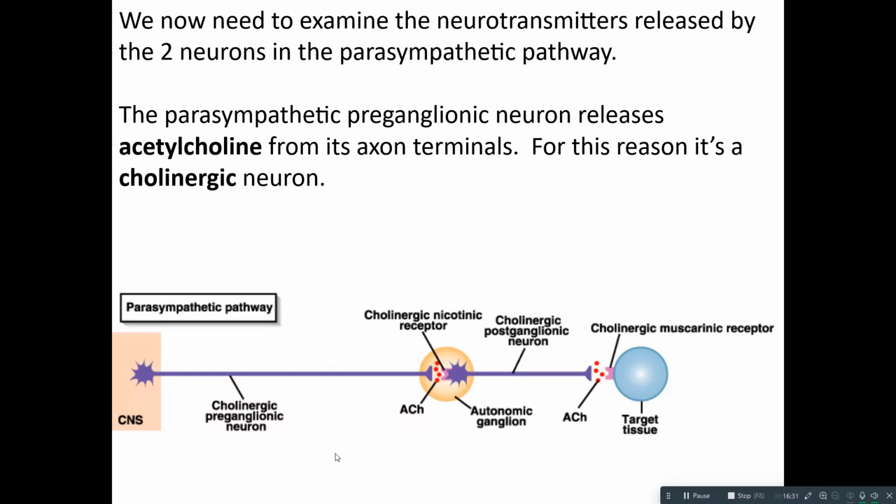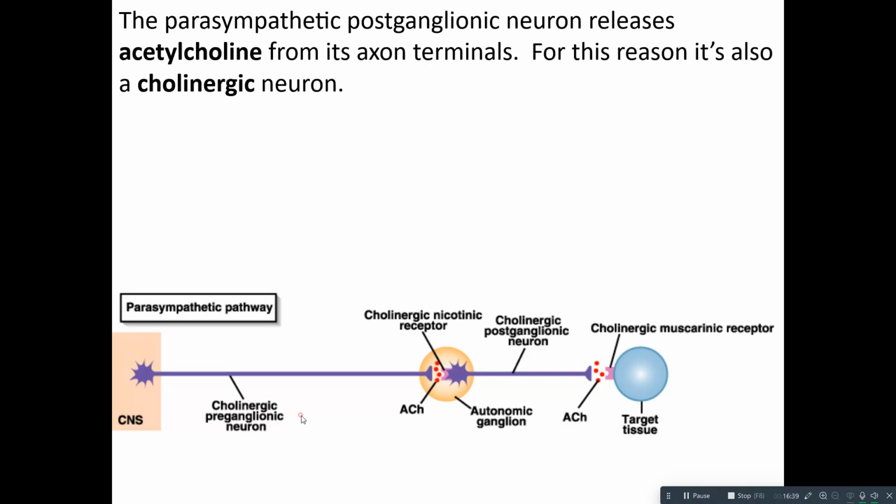In the parasympathetic pathway, the preganglionic neuron is releasing acetylcholine, so it's cholinergic. The postganglionic neuron is also cholinergic because it's releasing acetylcholine onto the target tissue. So note that the most common neurotransmitter here was, in fact, acetylcholine.